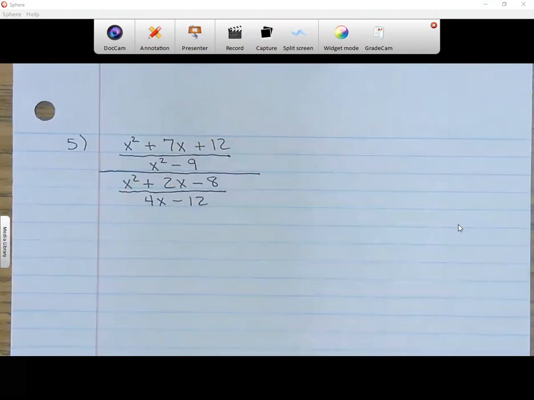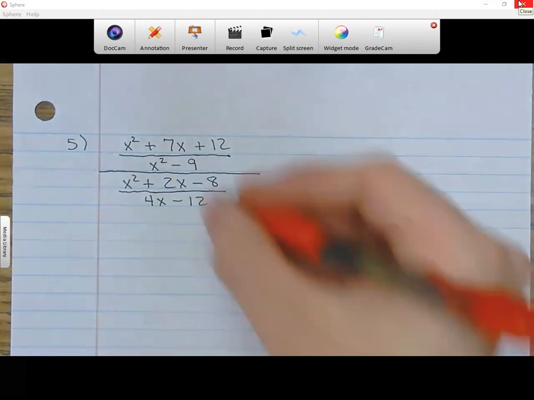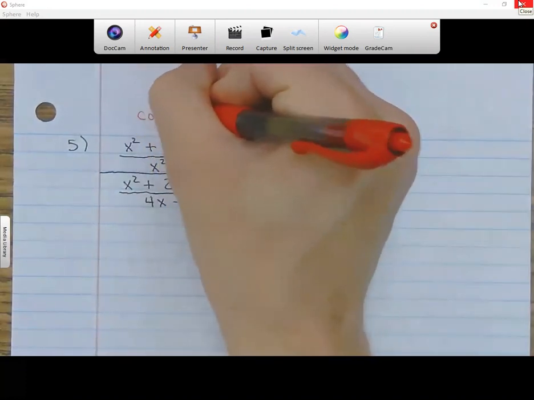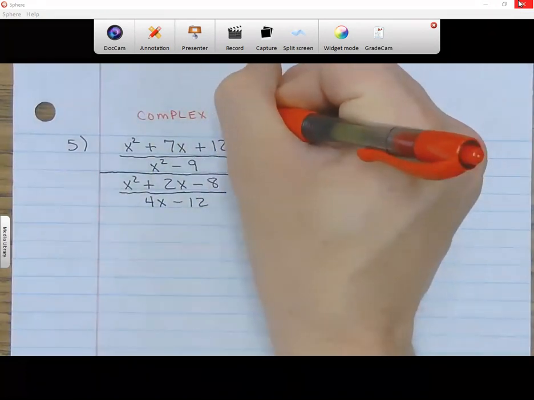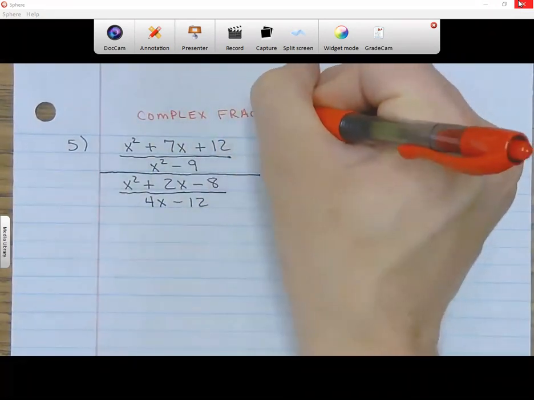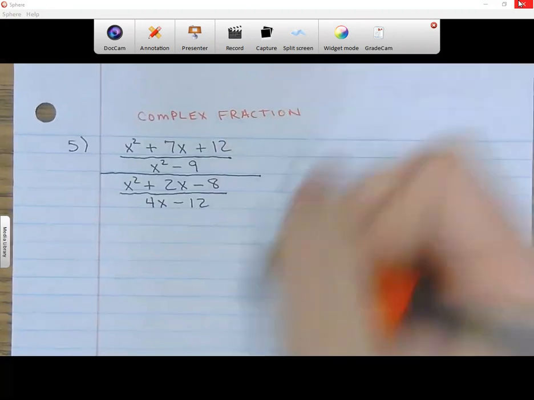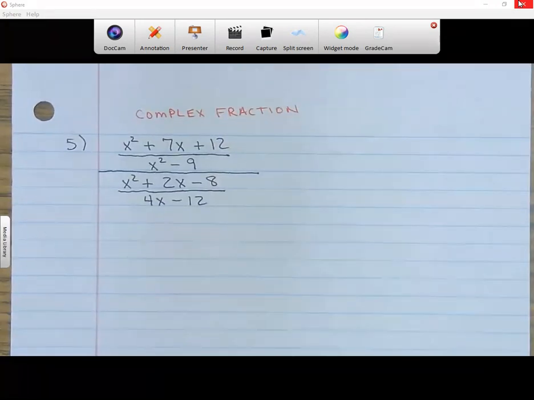Okay, so what this is, is a complex fraction. So let me write that out. This is a complex fraction. So what is a complex fraction?